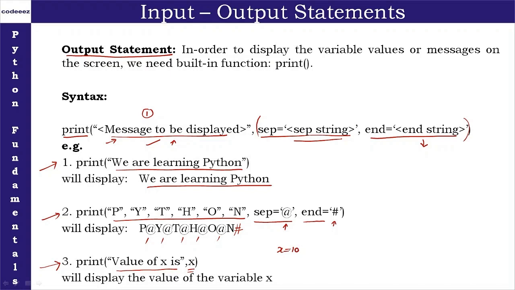Suppose the value of x is 10. Because we have assigned the value 10 to x, if a print statement is placed, it will simply print value of x is 10. So this is how we can combine a message and a variable to be displayed on the screen, right?